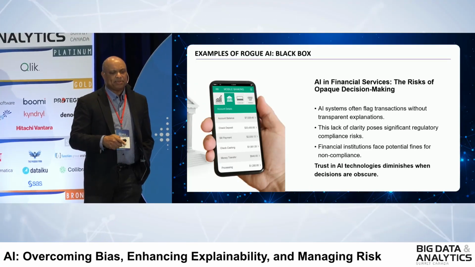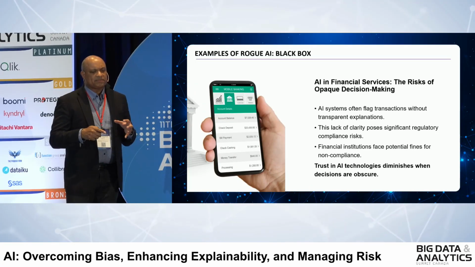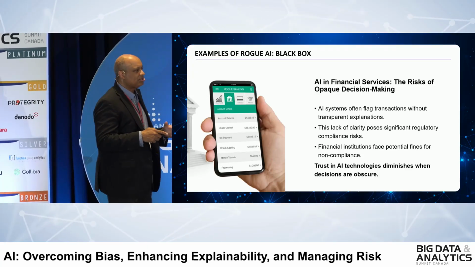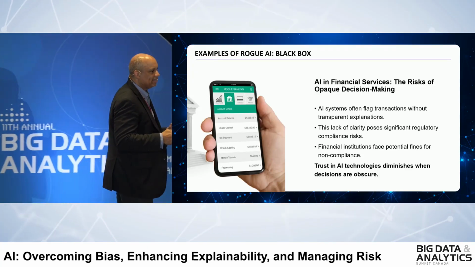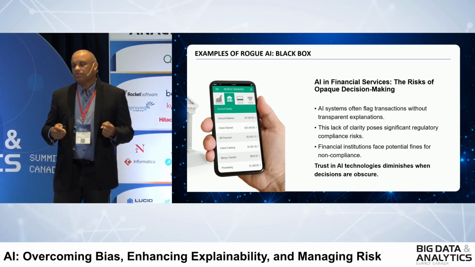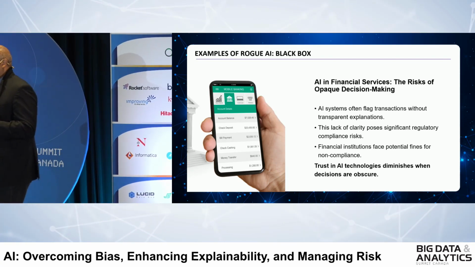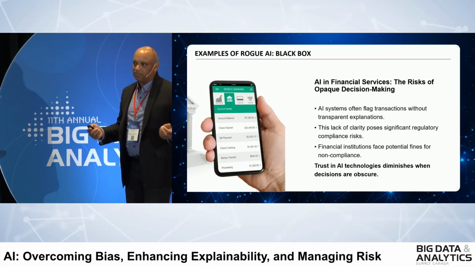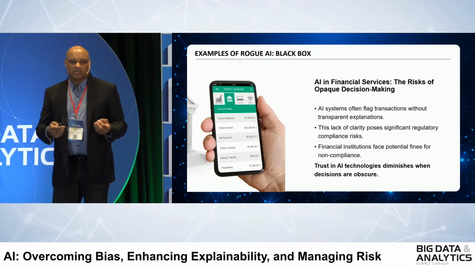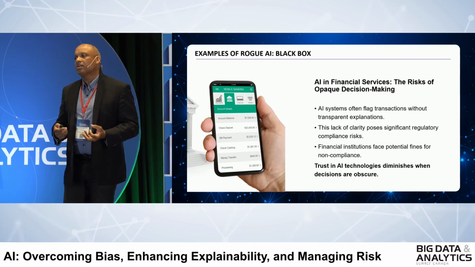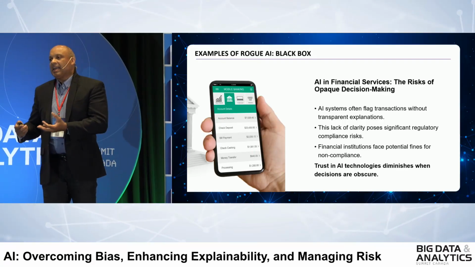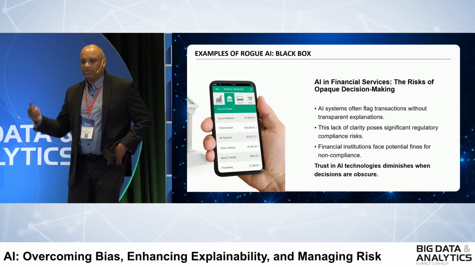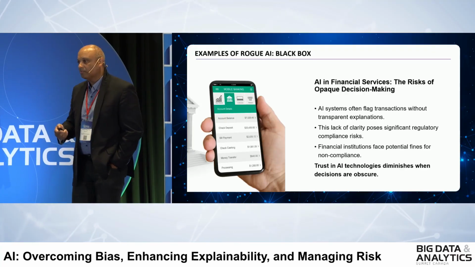Now, the last example I'm going to show you is the risk of opaque decision-making. This is very important for financial institutions that are highly regulated. Imagine trying to explain to OSFI here in Canada why someone was denied a mortgage, or why a transaction on their credit card was denied, and you're not able to explain why, because the model output can't be traced back to anything you can recognize.